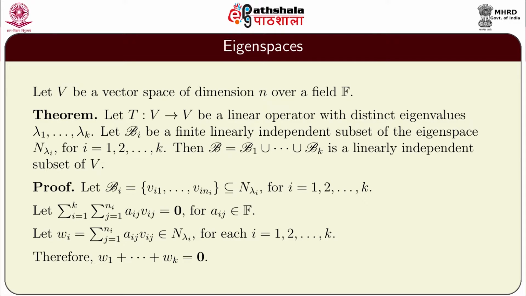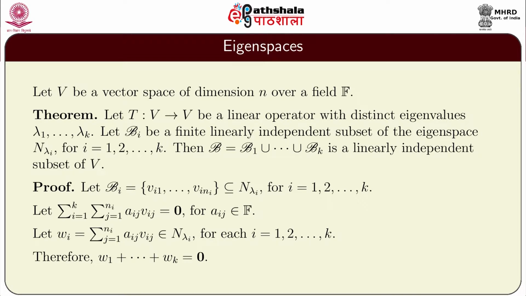Now, let us write this linear combination: summation over i, summation over j, Aij Vij is equal to 0, where Aij's are scalars in the field F. Let us write the summation over j of Aij Vij as Wi. So, we fix i here and let j vary over 1 to ni, and this we do for each i from 1 to k.